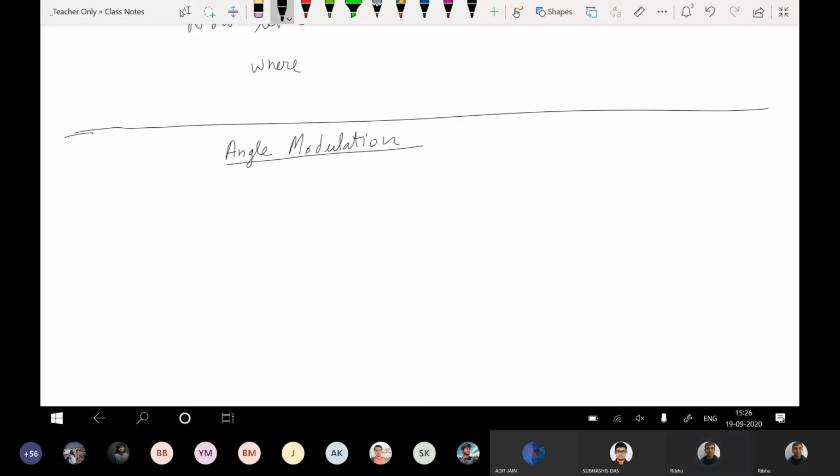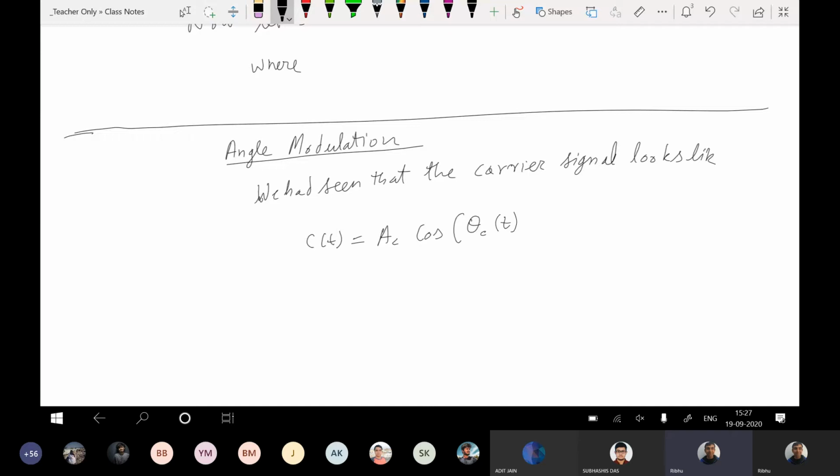Being done with amplitude modulation, now let's start the second chapter, angle modulation. So we had seen that the carrier signal looks like c(t) equals A_c cos theta_c(t), right?